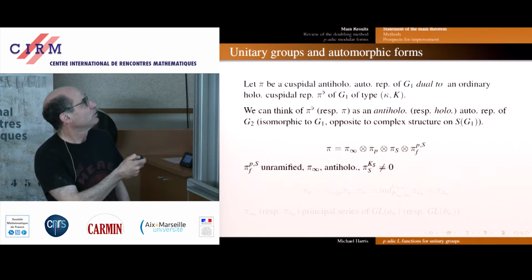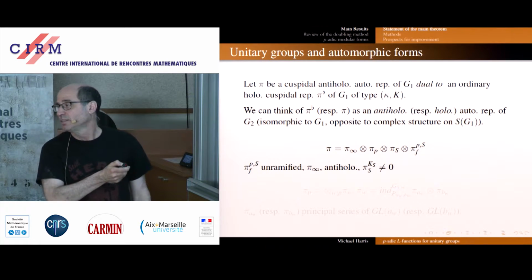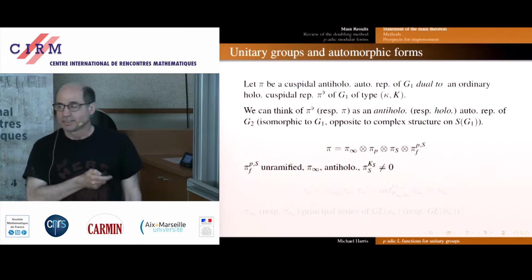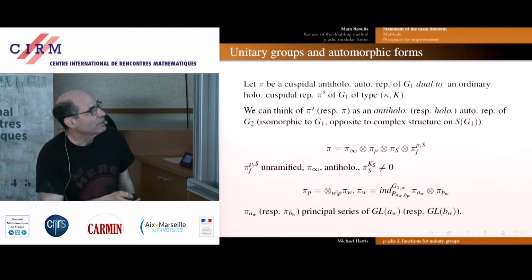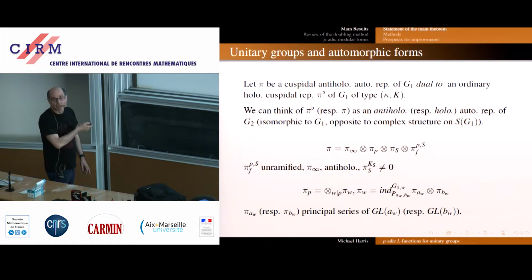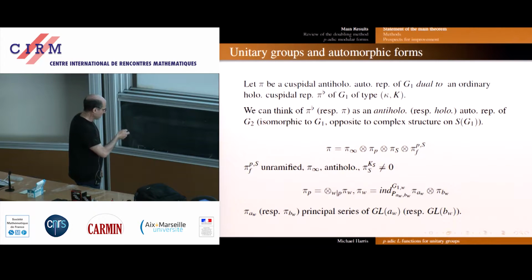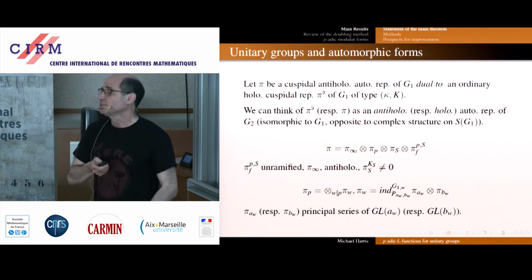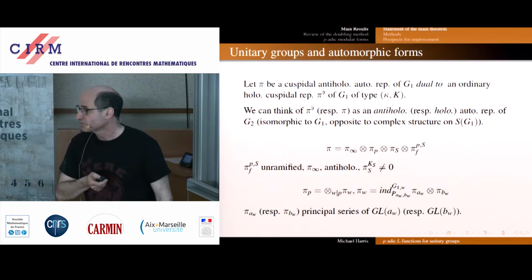So this is unramified, and all we need to know is that pi s has some fixed vectors under some fixed level subgroup that's now denoted k sub s. All right. And as for pi p, some more notation. So first of all, we can just imagine there's one p-adic place to simplify, or one pair of complex conjugate p-adic places. Pi w, let's suppose it's a principal series representation, which is a good thing to suppose.